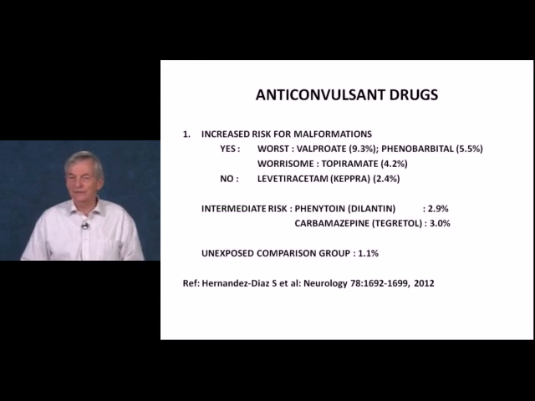You see I list as worrisome the data thus far on topiramate-exposed pregnancies. I call it worrisome because the number is high compared to the unexposed comparison group you see listed there. It's a significant increase, not only for oral clefts, cleft lip and palate, and cleft palate, but also for other malformations.